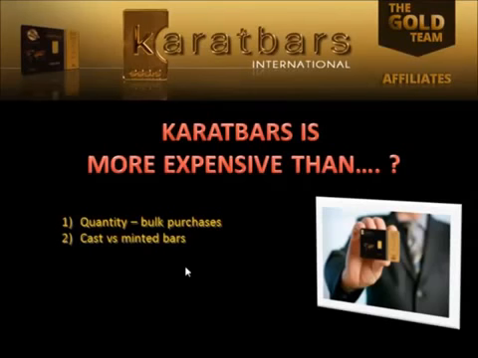The next one is cast versus minted bars. I've already touched upon this, where Karatbars is minted. Therefore, there's an additional premium put on it to manufacture that, as opposed to just pouring the molten metal straight out into a cast and then dropping the ingot out once it's cooled. The purity, we've talked about purity.